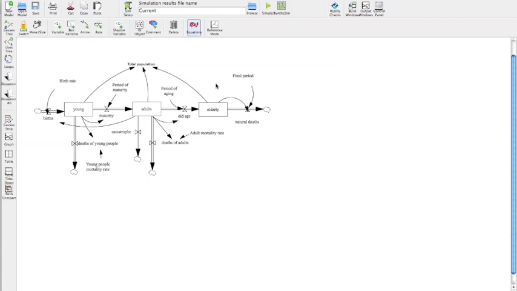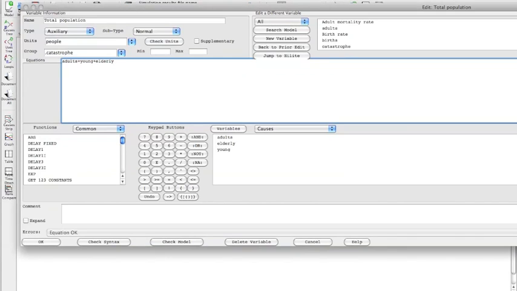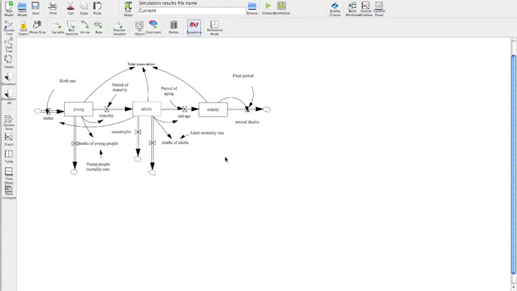There's an additional auxiliary variable here, a total population that is calculated by adding adults, the young and the elderly, so you can actually keep track of that. So that's essentially the picture. In a nutshell, you have a 3-cohort population of young, adults, and elderly that mature over time. So the one becomes the other. But in the middle, there are extracts. The young can die, or they become mature.